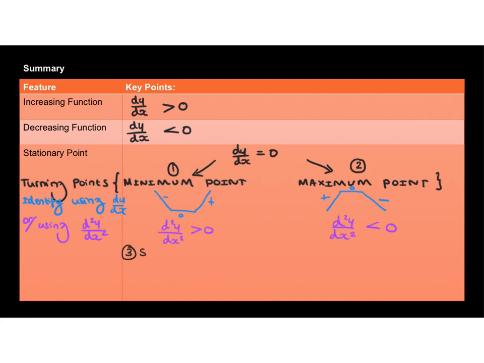And 3, of course, there is the option of a stationary point of inflection. Now, we can identify these using dy by dx because we'll either have a positive gradient, a 0 gradient, and a positive gradient, or a negative gradient, a 0 gradient, and another negative gradient either side.